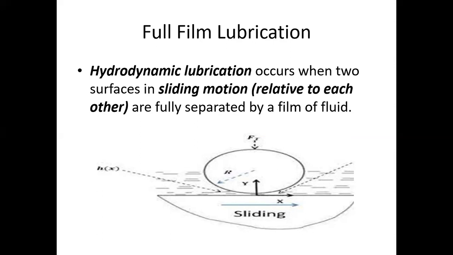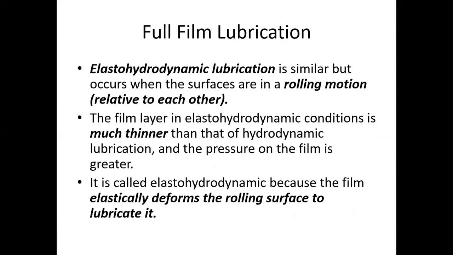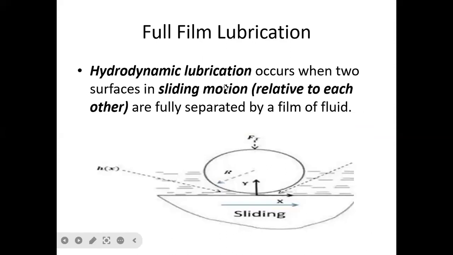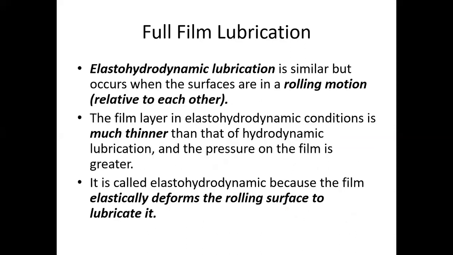Full film, hydrodynamic, sliding motion. The next one is elastohydrodynamic lubrication. It's similar but occurs when the surfaces are in rolling motion relative to each other. Take note, for hydrodynamic, it should be sliding, but for elastohydrodynamic, it must be rolling motion.